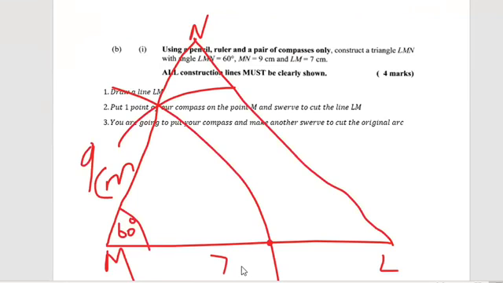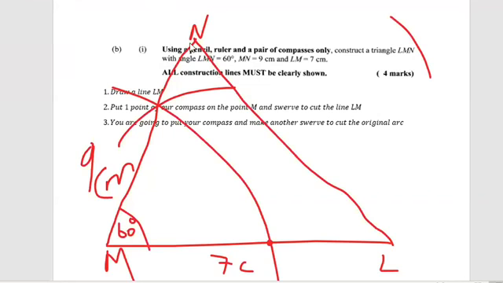So for a parallelogram, it means that the side at the top should also be 7 and the side at the side should be 9 centimeters. So what we're saying is open your compass to 9 centimeters, place it at the point L and make a swing up top. So you're placing your compass, open 9 centimeters, to make a curve up top. So let's say it is like that.